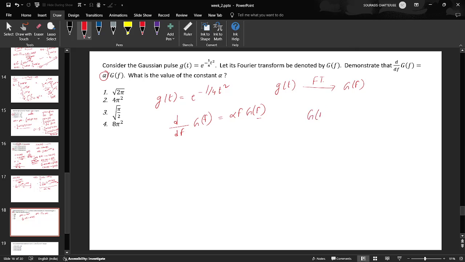For that we need to write the expression of G(f), which is the integral of g(t) e to the power minus j 2 pi f t dt. Now if I take the derivative with respect to f, it's actually pretty simple, because the right hand side is a function of f, but the integral is with respect to t.